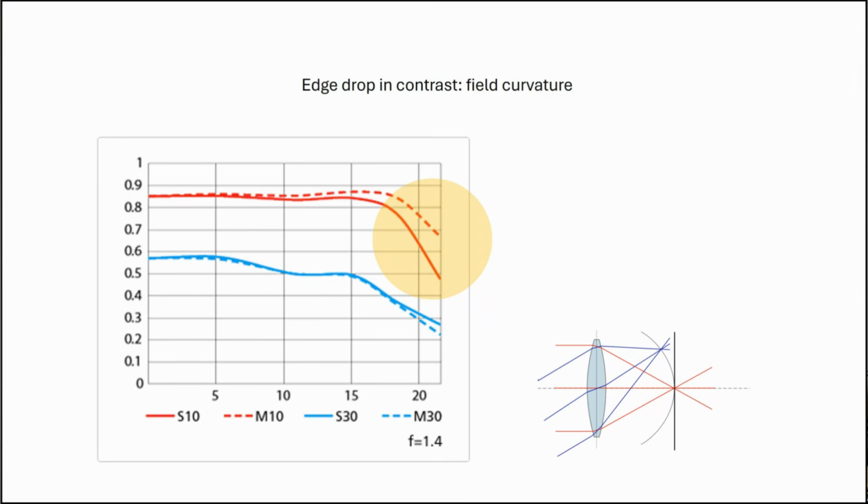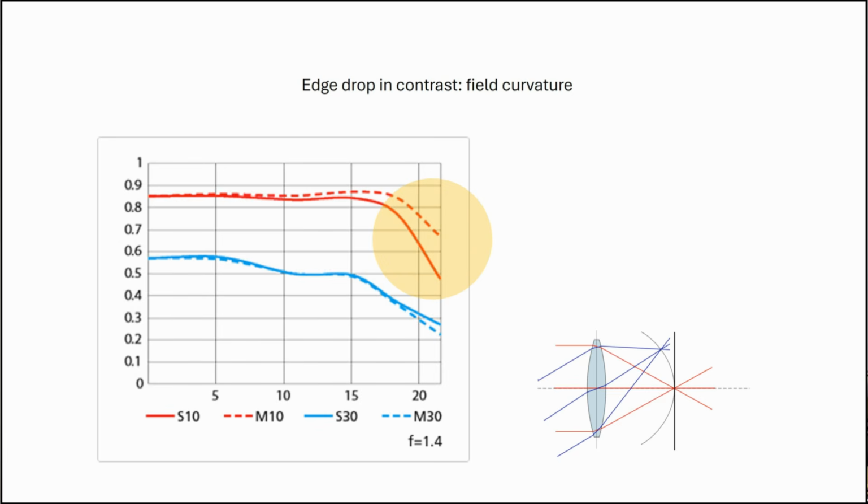The next phenomenon is a sharp decline in the contrast of the lens, the global contrast of the lens, close to the image edges, which might be caused by field curvature, where the plane of focus is not quite flat, but a little bit convex.